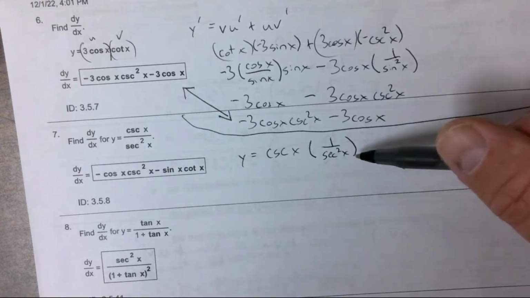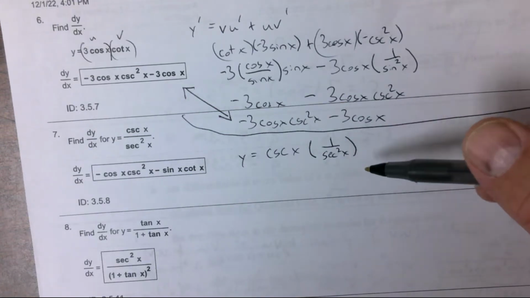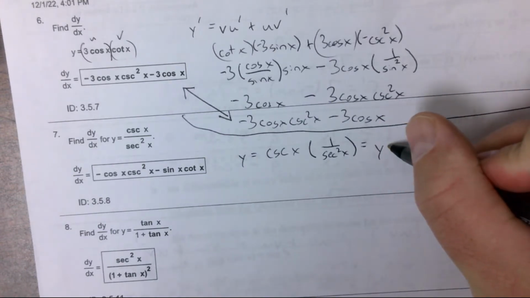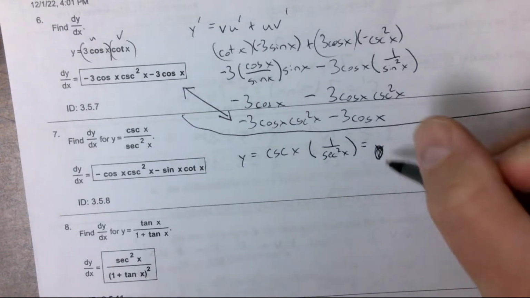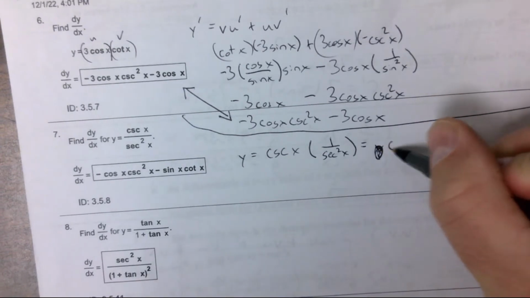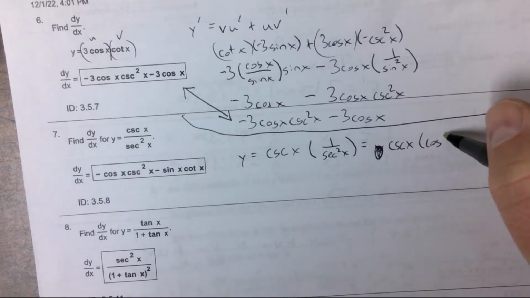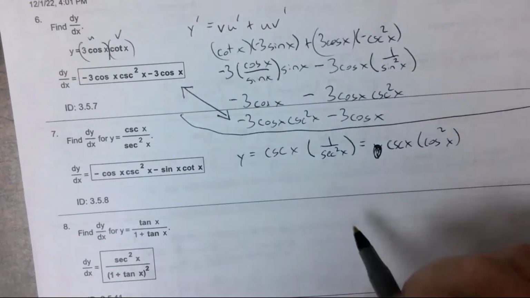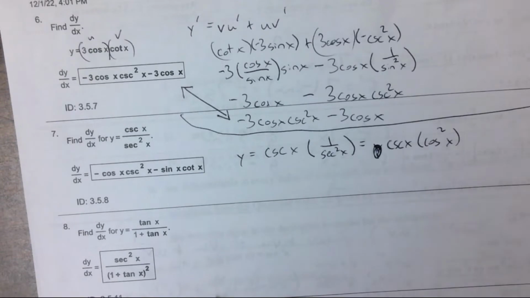Well, 1 over secant squared is the same as cosine squared. So we can call this y, cosecant x times cosine squared x. In other words, 1 over secant squared is equivalent to cosine squared.